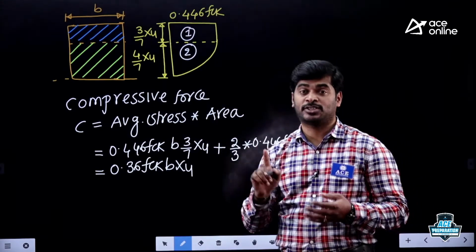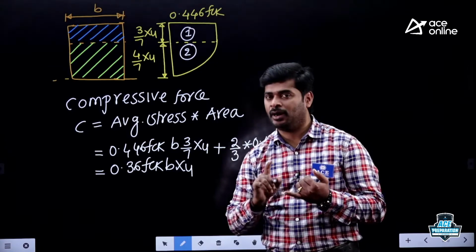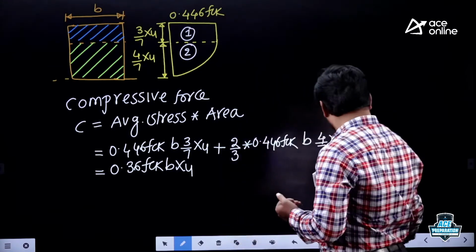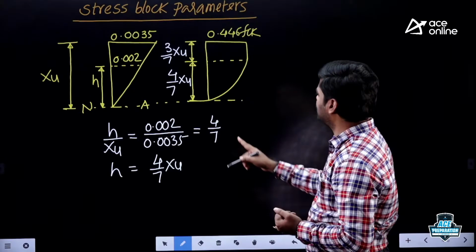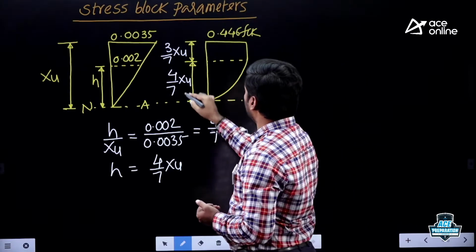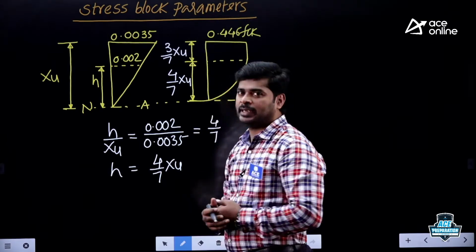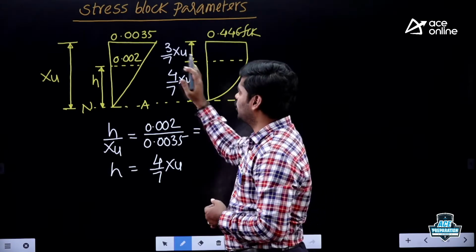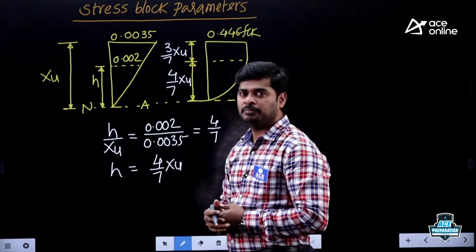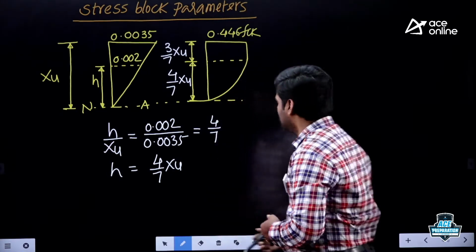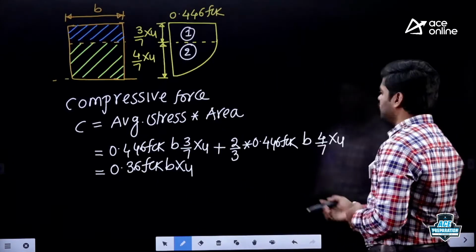First one under stress block parameters is ordinates of stress block, which is nothing but the depth of parabola and the depth of rectangle in a stress block. This you can get from the strain diagram by taking similar triangles. Second one is compressive force.